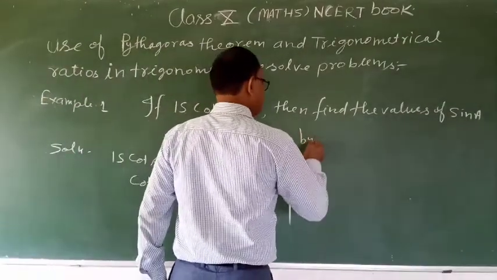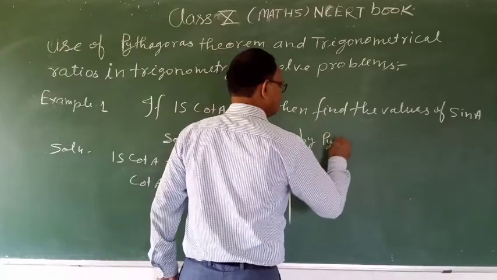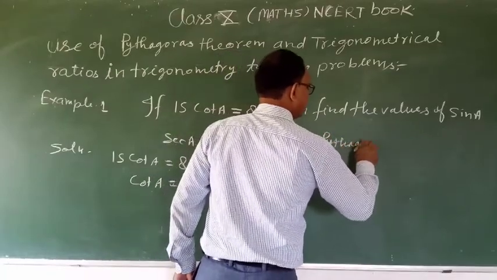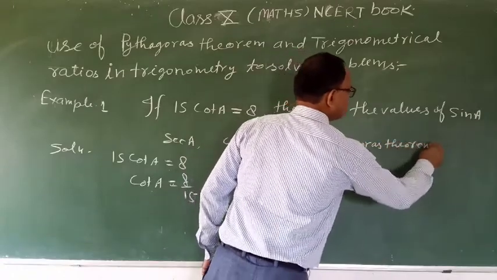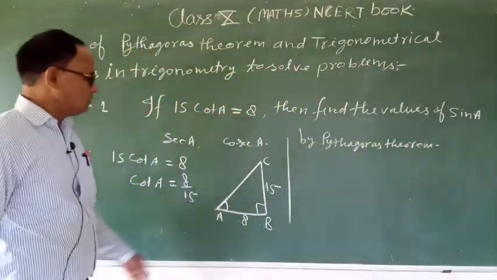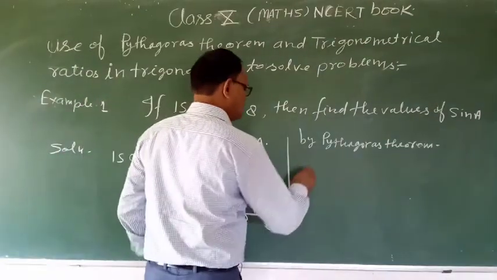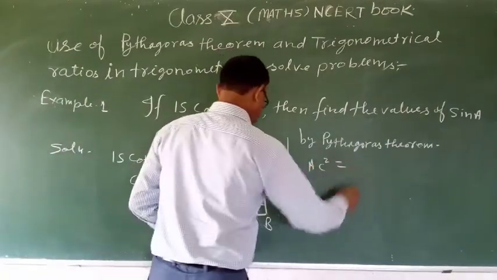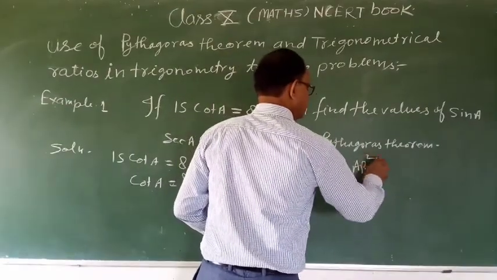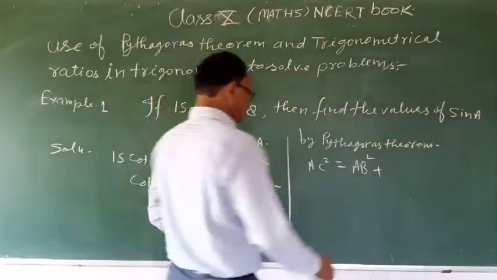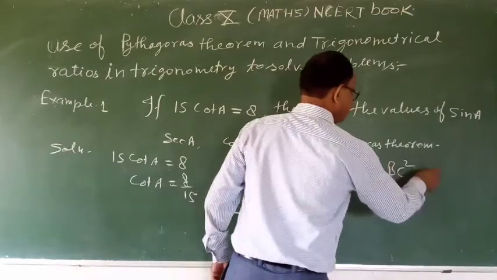By Pythagoras theorem, hypotenuse AC square is equal to AB square, the base, plus altitude or perpendicular line BC square.